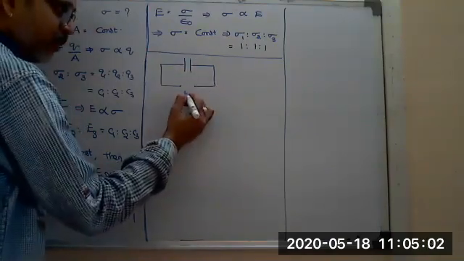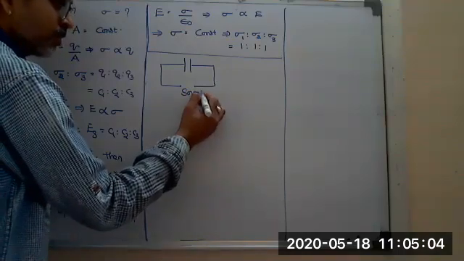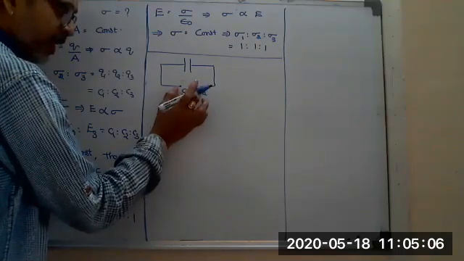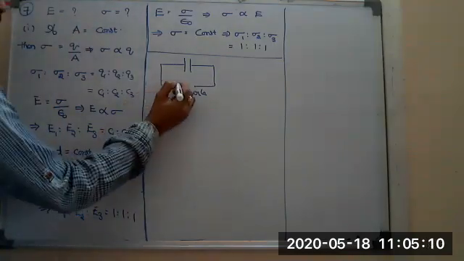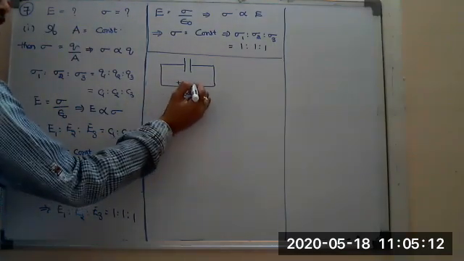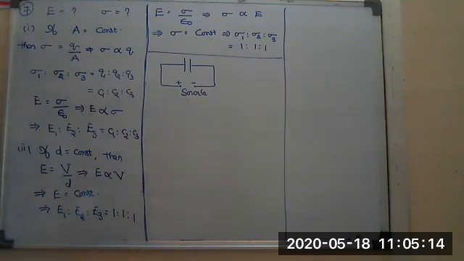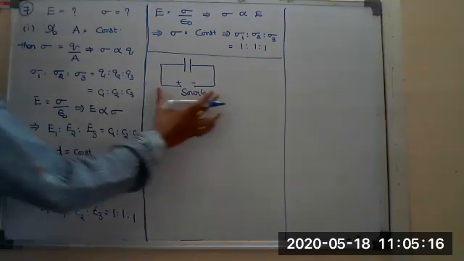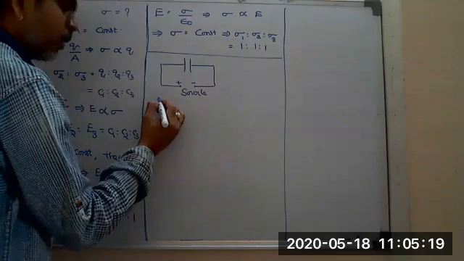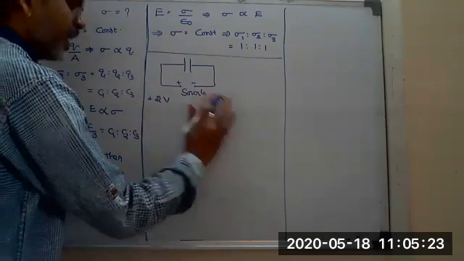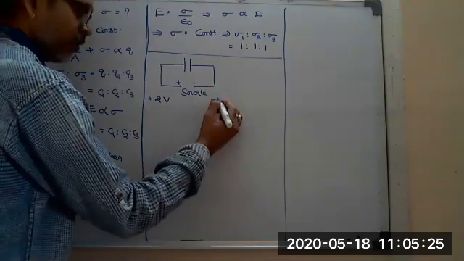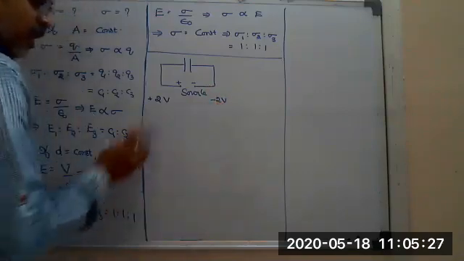That will be supplied by the source. Here suppose it is the positive terminal and that is the negative terminal of the cell, and by that you are getting plus 2 volts here and minus 2 volts there.